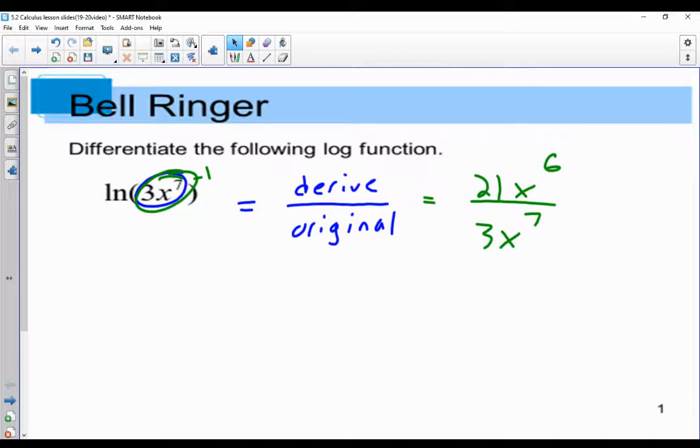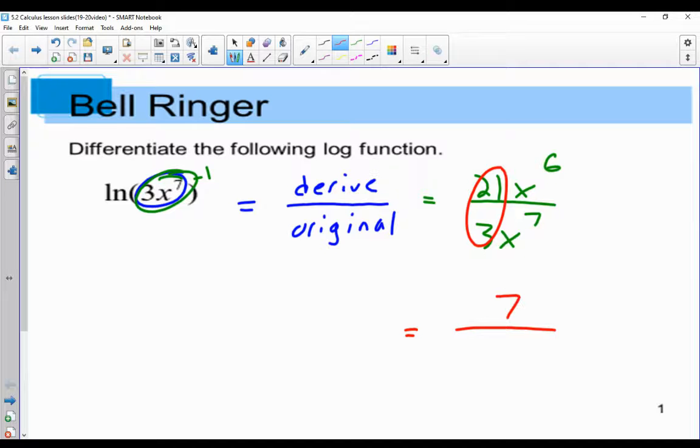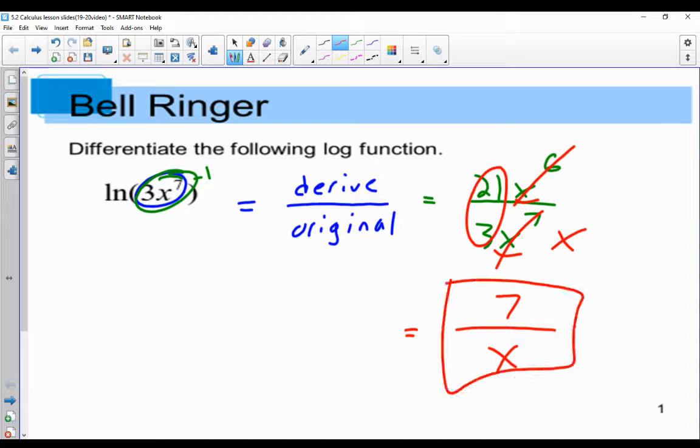So there you basically have your answer, but you can still simplify. The 21 divided by 3 will give you 7 on top. And if you look at x to the 6th and x to the 7th, you can take away 6 x's from each one. Take away 6 x's from the top, it goes away. Take 6 x's from the bottom, and you have 1 x left over. So that simplifies down to 7 over x.